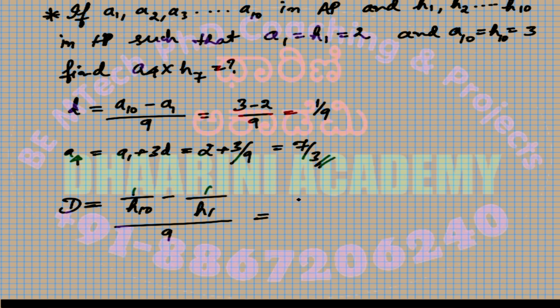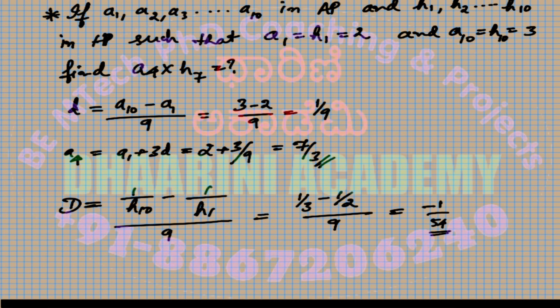So this is 1 by H10, that is 1 by 3, minus 1 by H1 is 1 by 2, over 9. So 2 minus 3 is minus 1 by 6 over 9. 6 into 9 is 54. So this is minus 1 over 54. That is D.